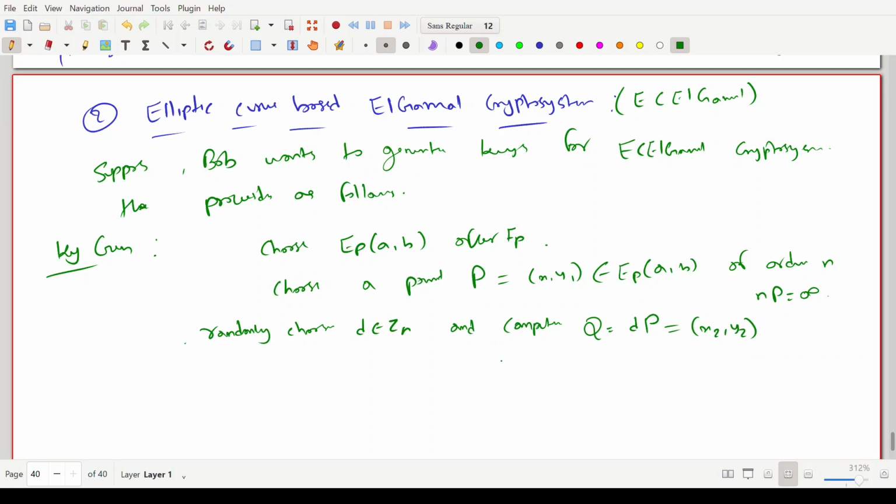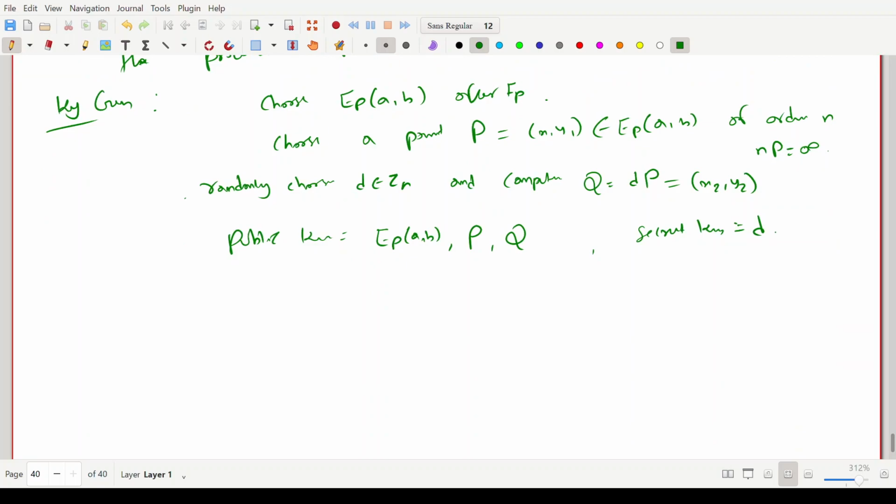Then Bob announces the public key. The public key is EPAB, the curve, P and Q, and D is his secret key. The secret key is D.